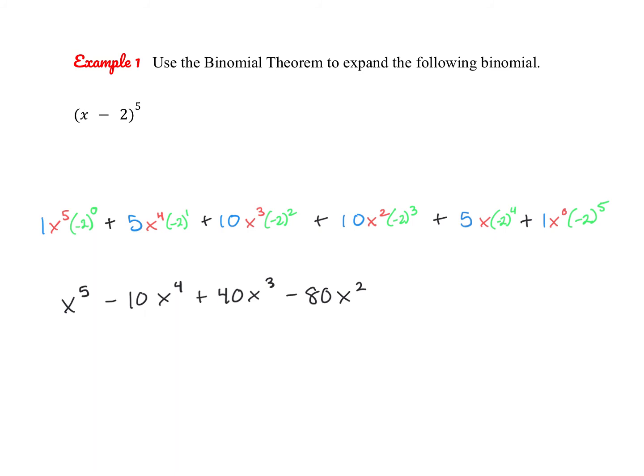And then here we have 5 times +16, so that gives us +80, and then that's just x. And then the last one is just 1 times -2 to the power of 5, which is -32. And the x we don't see because x to the power of 0 is just 1. So this is our final expanded binomial.